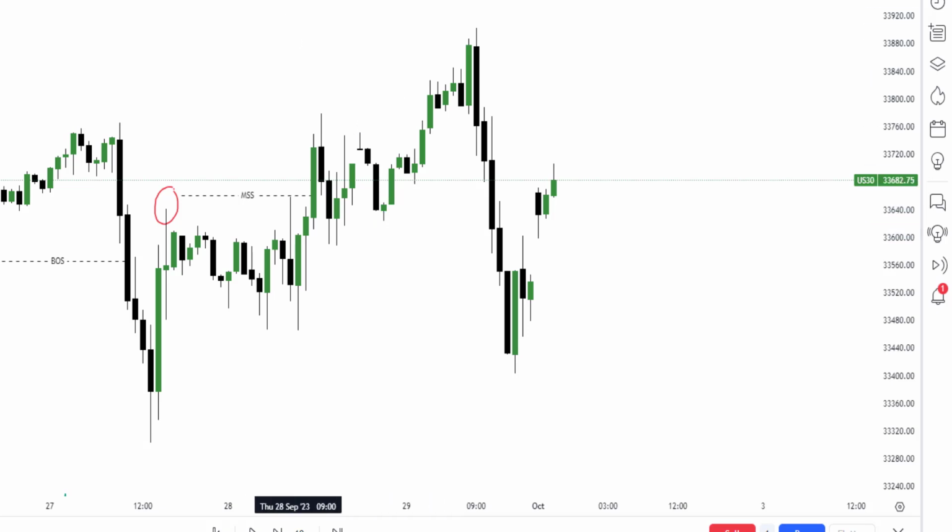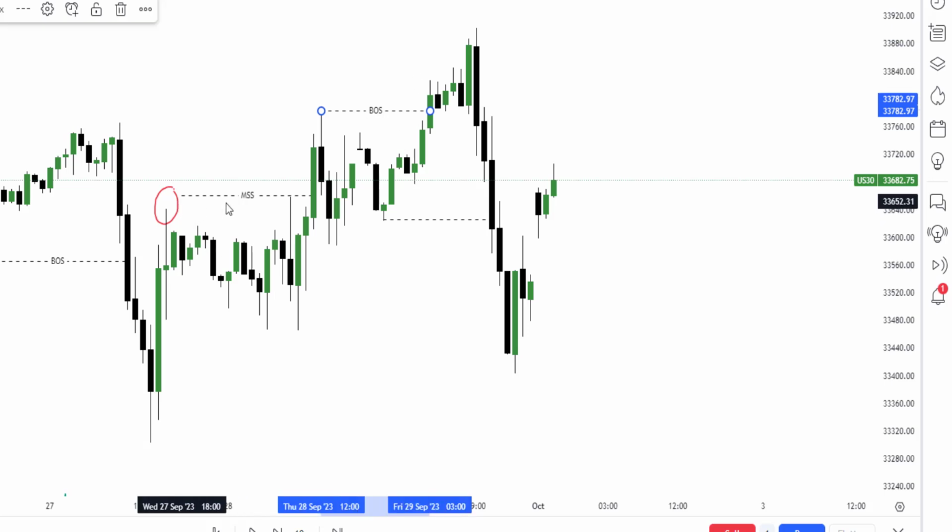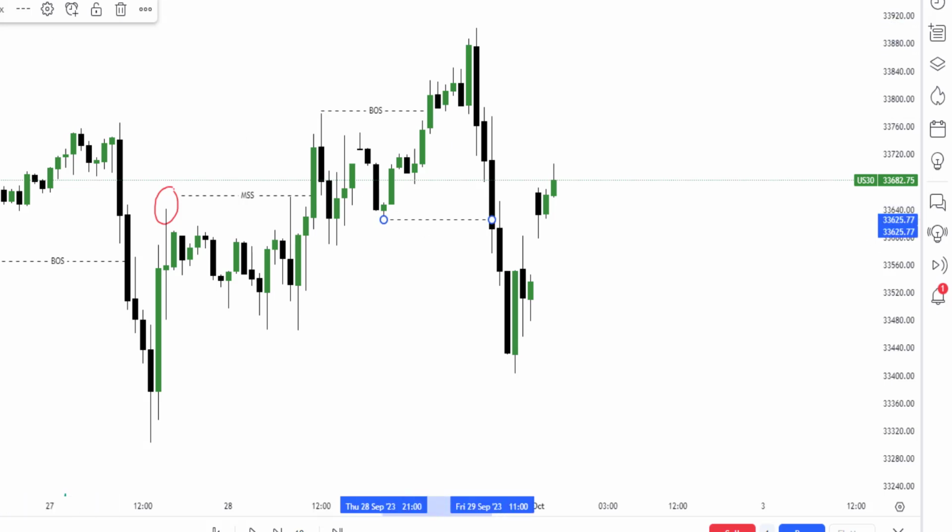So you have to pay attention to everything happening right here. Another shifting structure, but this one was a break of structure. As far as price is having an upward movement, we shifted structure, we pushed above, and this time around we crashed below the lowest area. That is our market structure shift again.